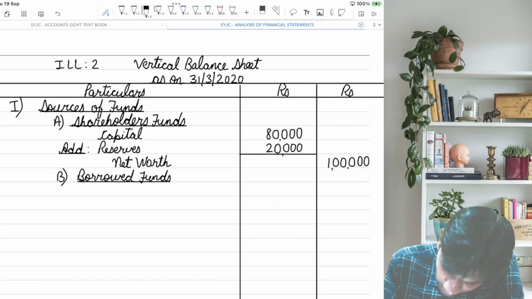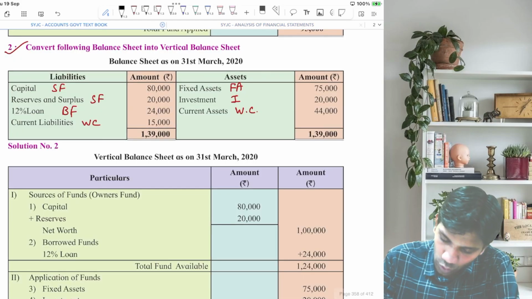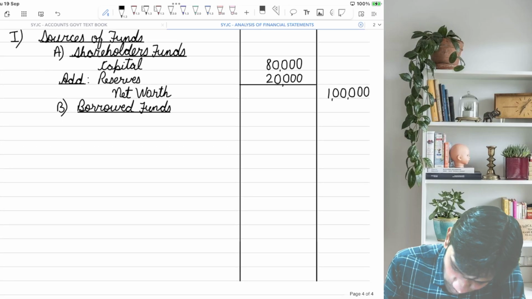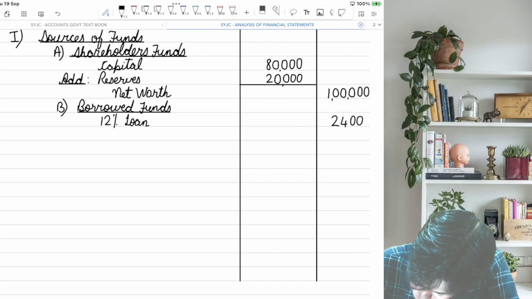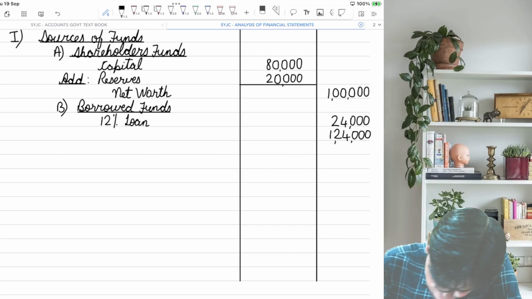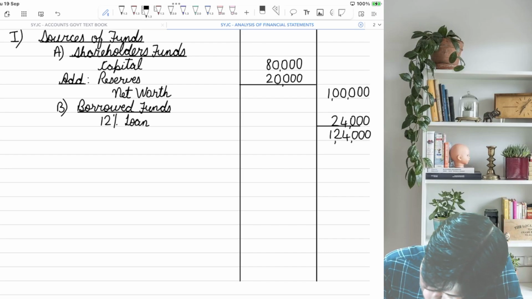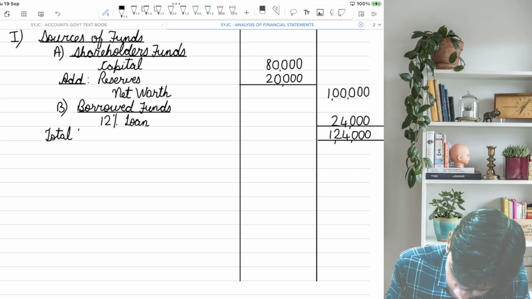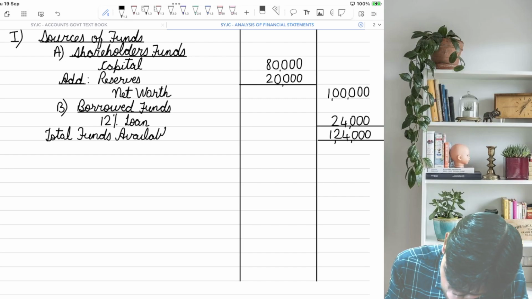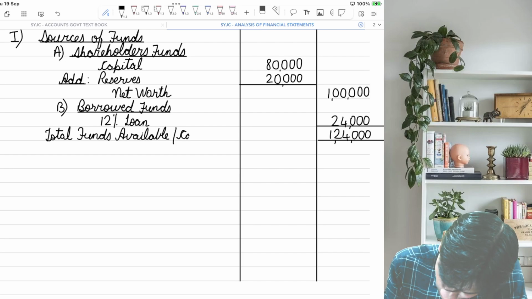Let's see what we have. I think we had loan. 12% loan, 24,000. So only single items, outer column. We have total of 1 lakh 24. This is my liability side. This is total funds available, or you can say capital employed.